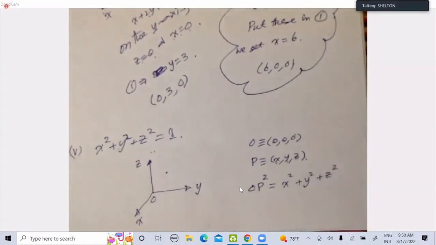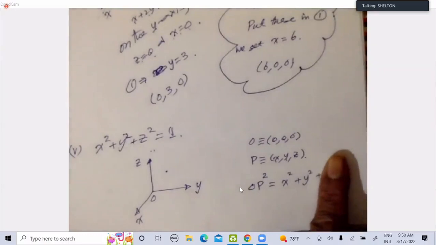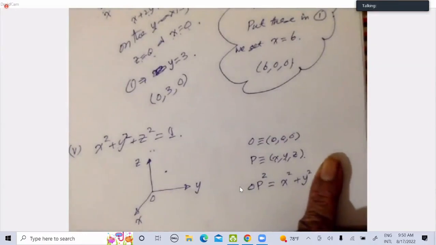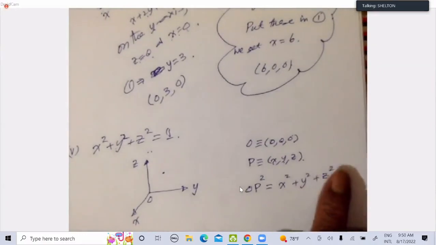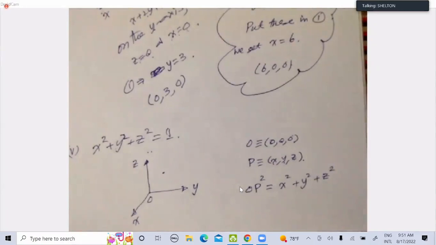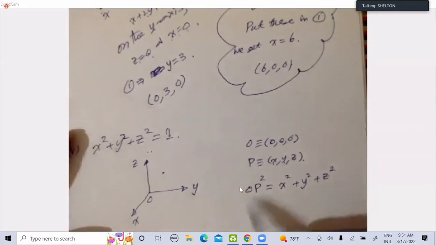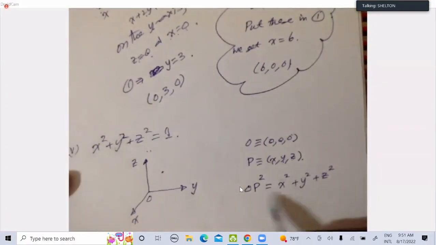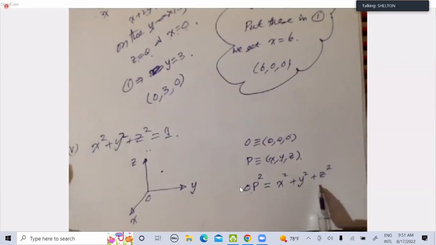This is the distance between 2 points in three-dimensional space. In two-dimensional space, you have this. If you go to a 4-dimensional space, it will be plus another variable w squared. So OP distance is the square root of this, but we immediately see that OP squared is this.